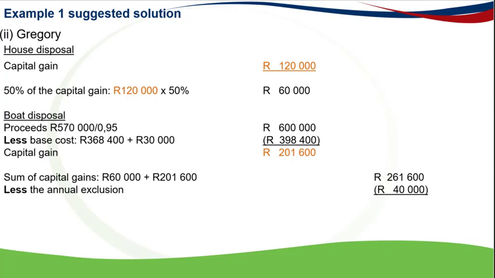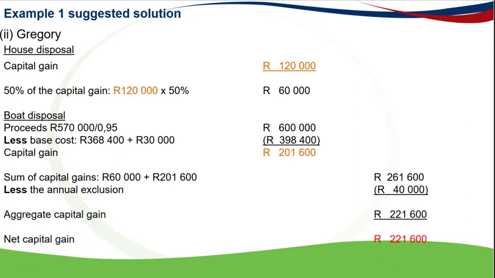Take note that each of the spouses has the full annual exclusion. So this is not split between the spouses because they disposed of a joint asset. That is not the case. So each of the spouses will have the full annual exclusion of 40,000.